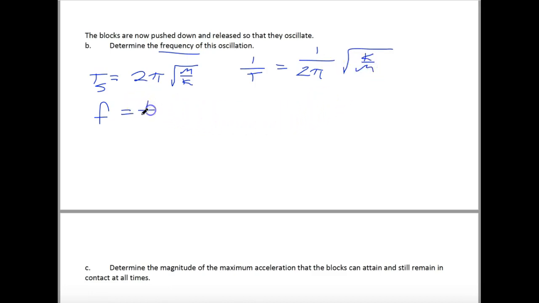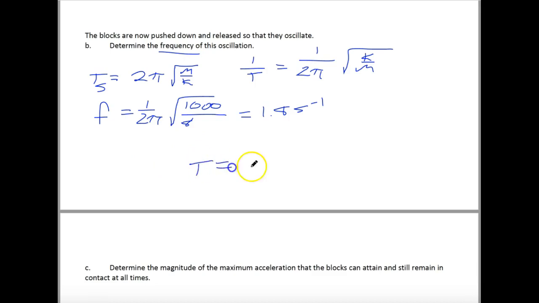So now we can say 1 over 2 pi times the square root of k, which is 1,000, over m, which is 8 kilograms. And so that should be equal to 1.8 seconds to the negative 1, or you could say 1.8 hertz. Either way you want to do it is absolutely fine.